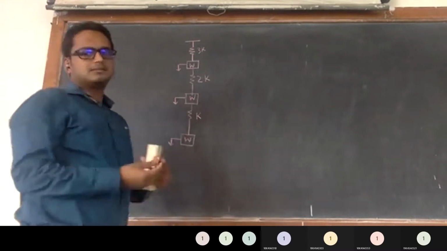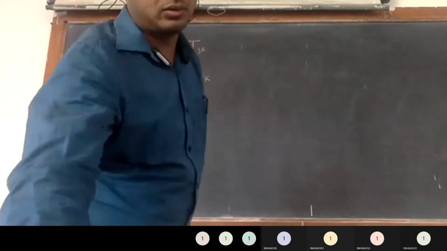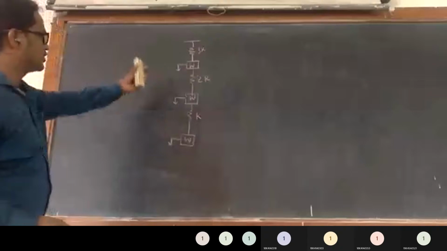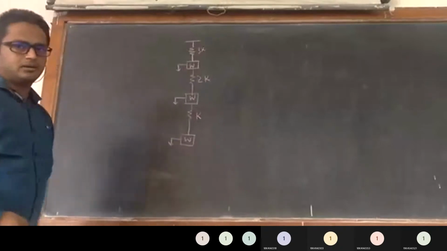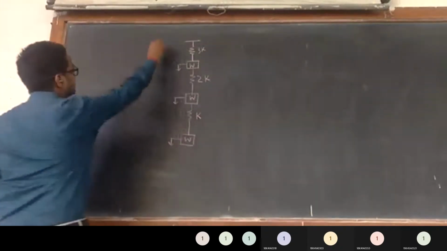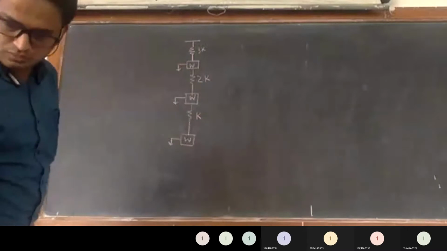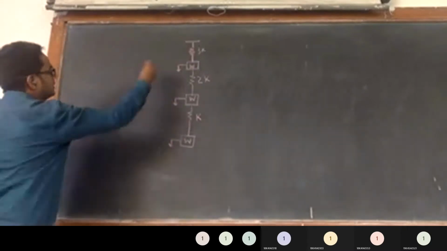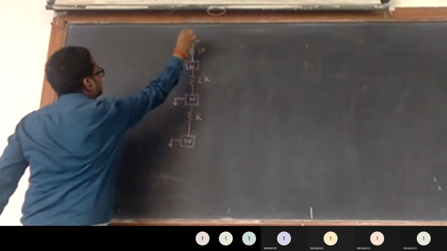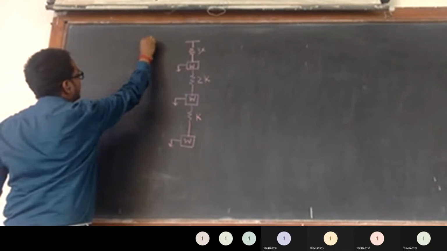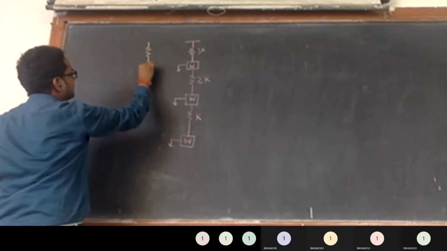Now we will write this in finite element format. If you have any question like this, you first have to write the finite element formulation. It is very simple. I will use yellow color for this. These points I will consider as nodal points.